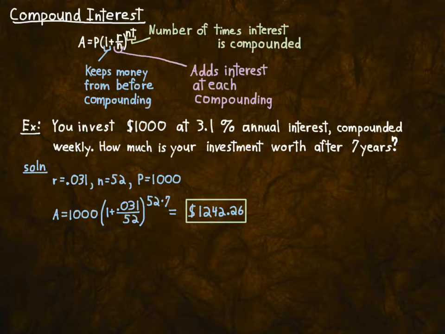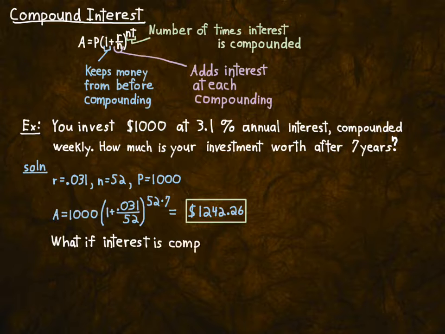So it's not going to be all that much. You would think maybe I'd get somewhere around $31, a little more than $31 per year times 7 is like 200 and something, right? You can see you get a little bit more than that, 242 something, right?